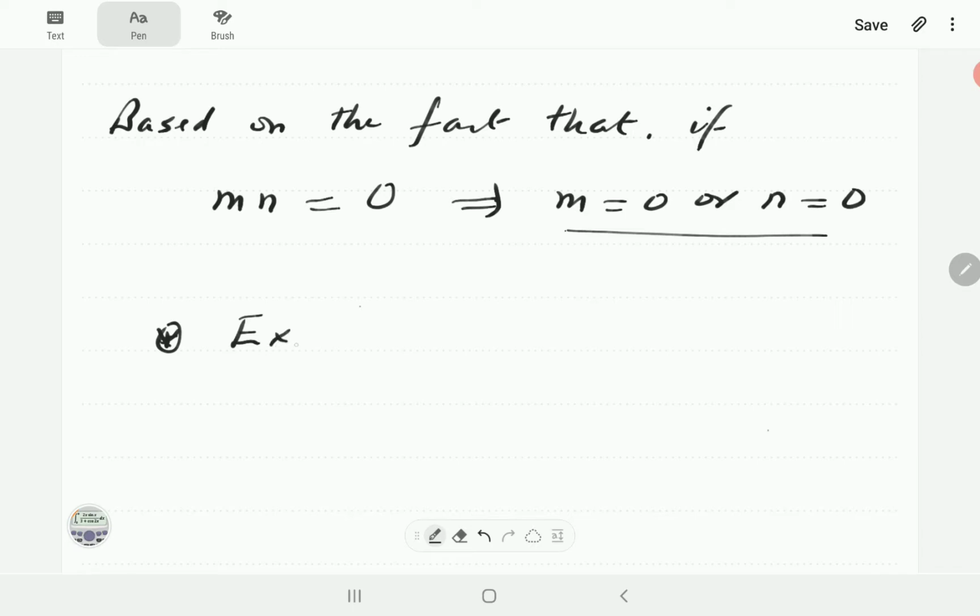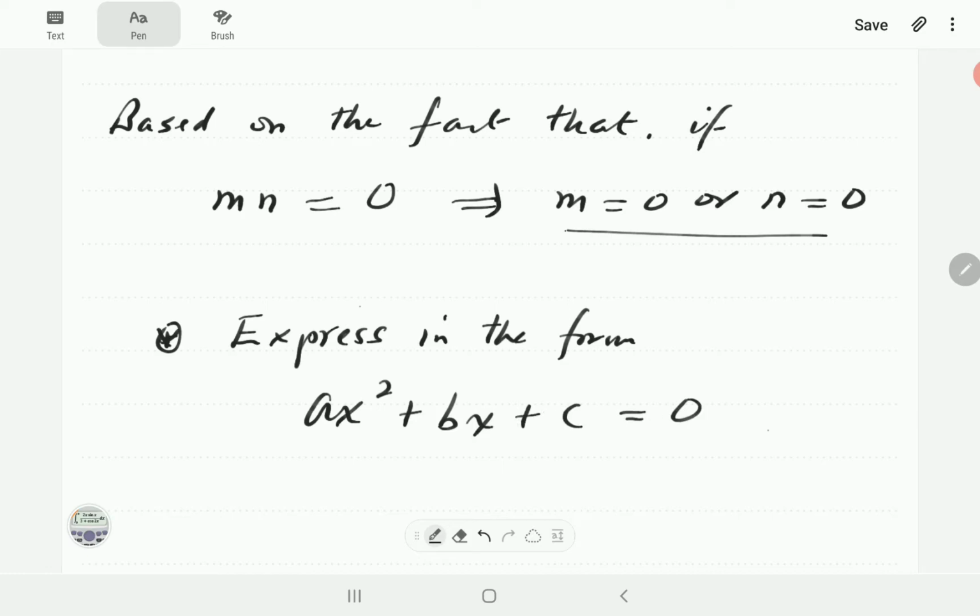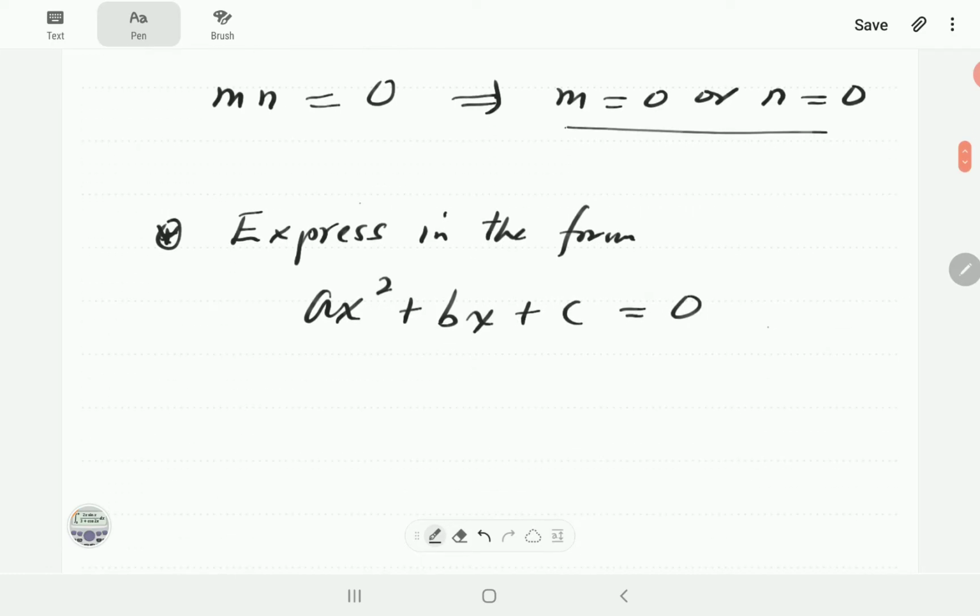First we are going to bring everything to the same side. So we're going to write the equation in the form ax squared plus bx plus c equal to 0. If some of the terms are on the other side of the equation, we need to bring all of them to the same side.